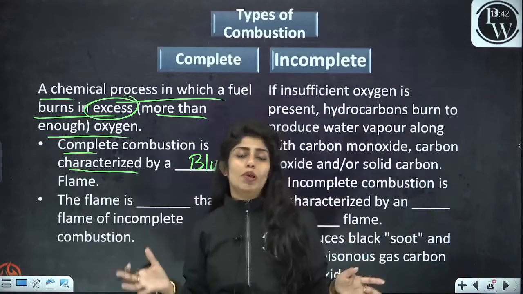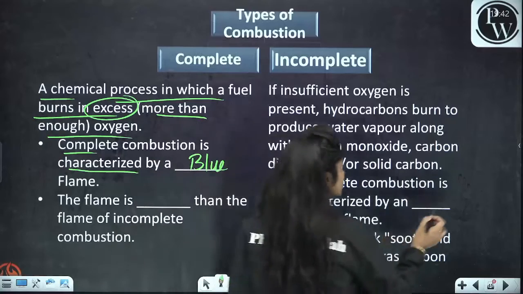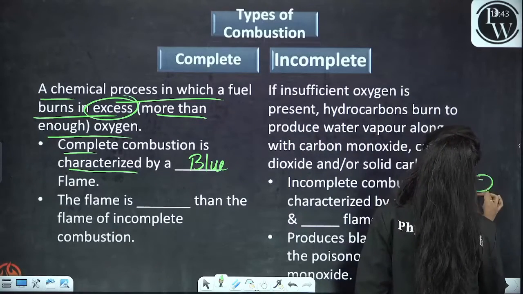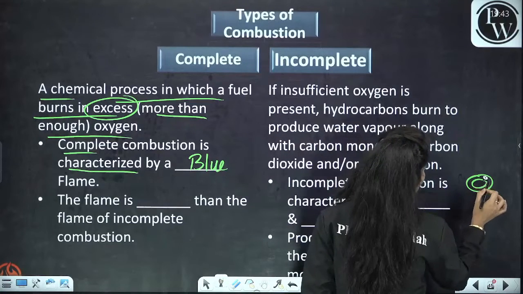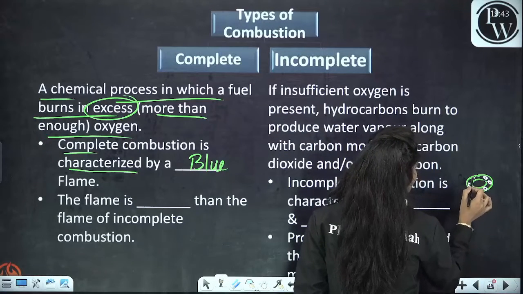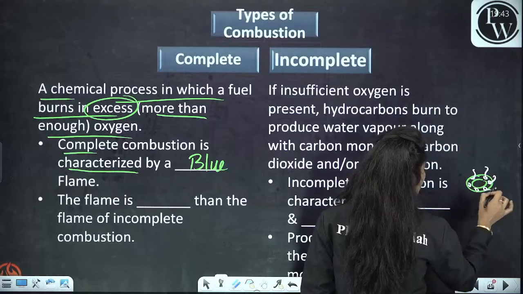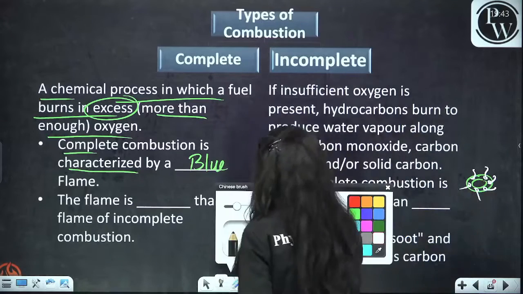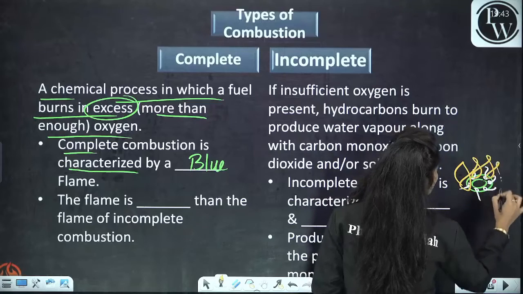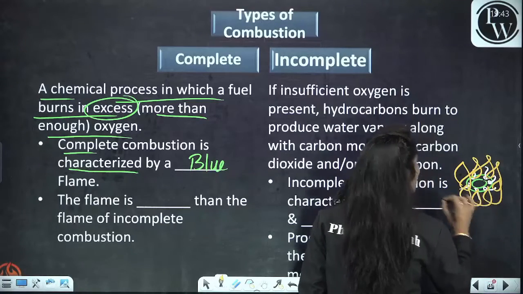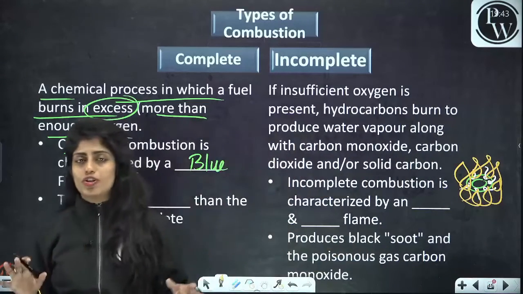There is no blockage. In your kitchen, the stove has tiny holes from where the gas particles move and catch fire, and the flame is blue if there is no blockage.